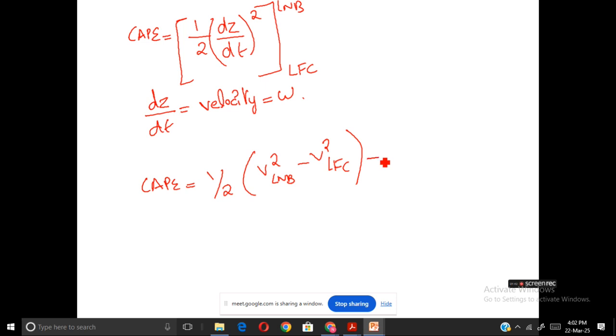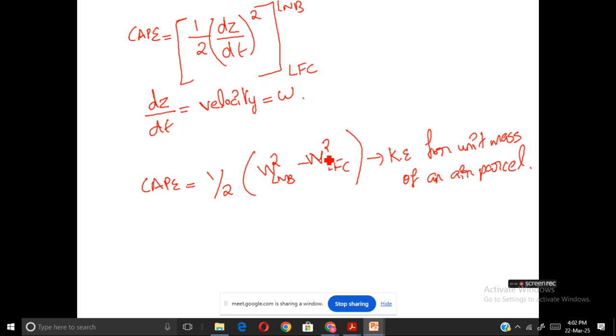This is the kinetic energy per unit mass of an air parcel. So CAPE becomes half into W square at LNB minus W square at LFC.